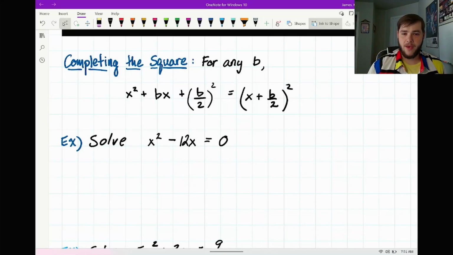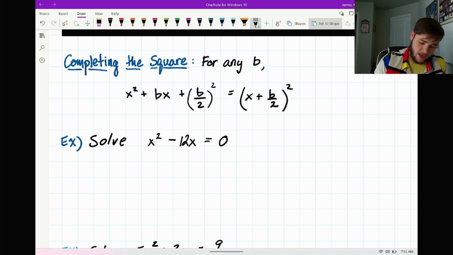Completing the square is based around this identity that I have up here at the top, that x squared plus bx plus b over 2 squared is equal to x plus b over 2 quantity squared. Well, we can verify that identity really quickly by just FOILing out the right-hand side.